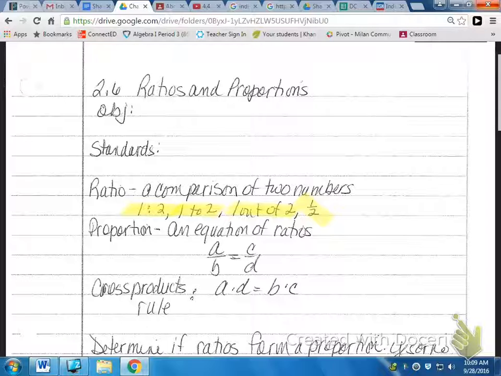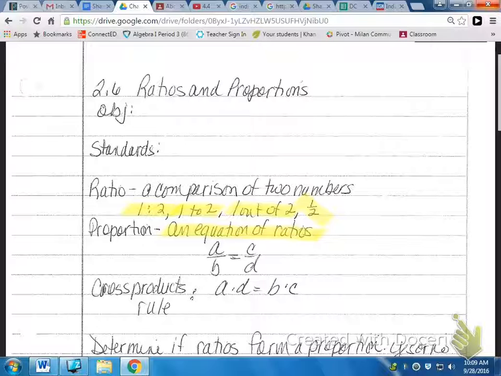All right, a proportion. A proportion is taking two ratios and setting them equal. So a proportion is an equation of ratios. And when you have an equation of ratios, there is this thing called the cross product rule.